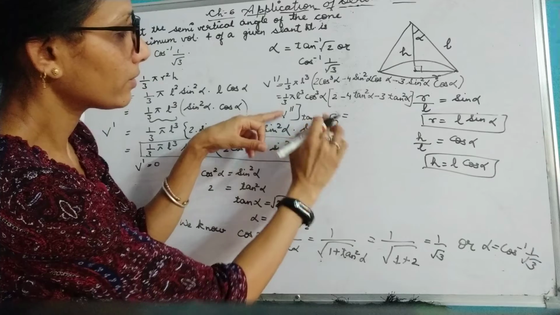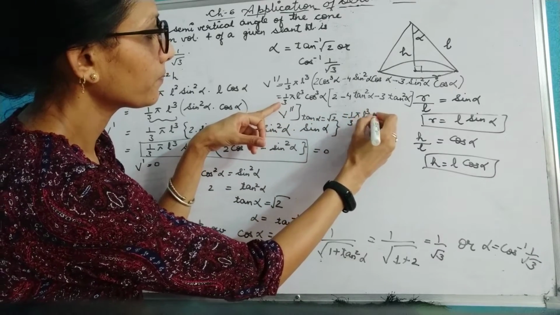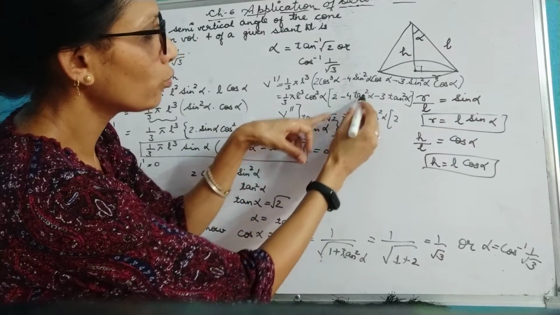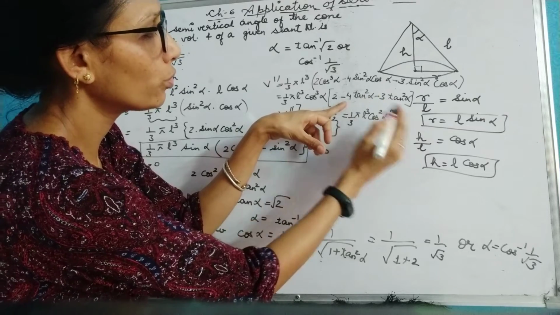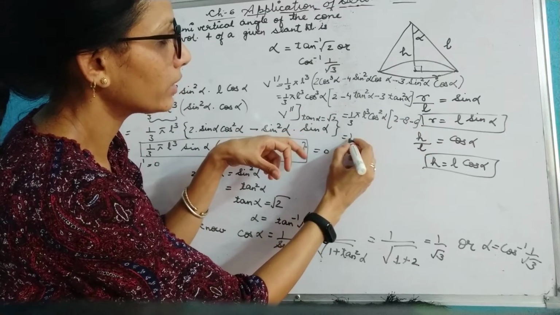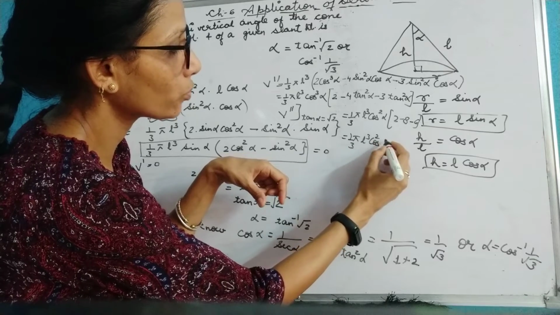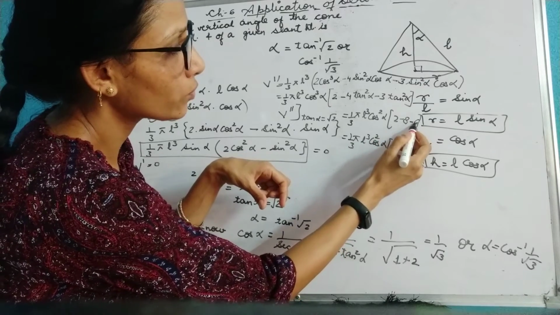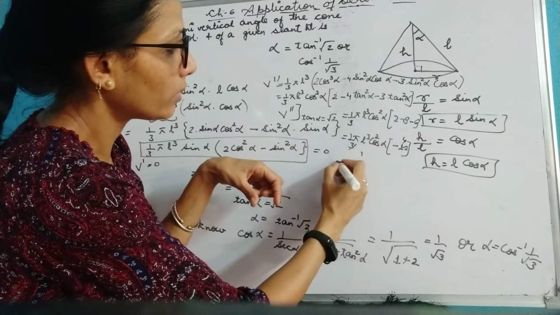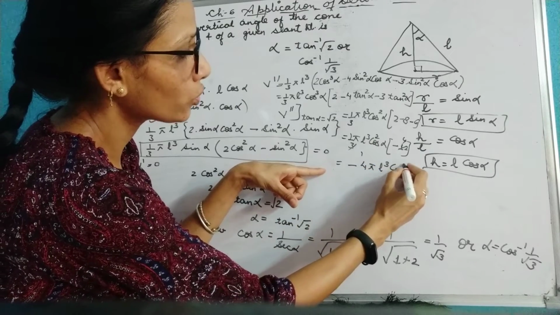So at tan alpha equal to root 2, it is coming out to be, you can put the value over here, root 2. Root 2 whole square is 2, so minus 8 minus, this is again 6, so I am getting it as 1 by 3 pi L cube cos square alpha, and it gives me minus 14 minus 12, 3 ones are 3, 3 fours are 12, so I am getting it as minus 4 pi L cube cos square alpha.